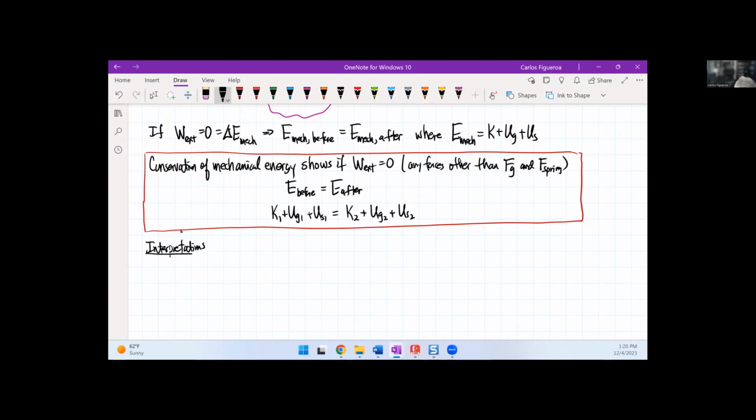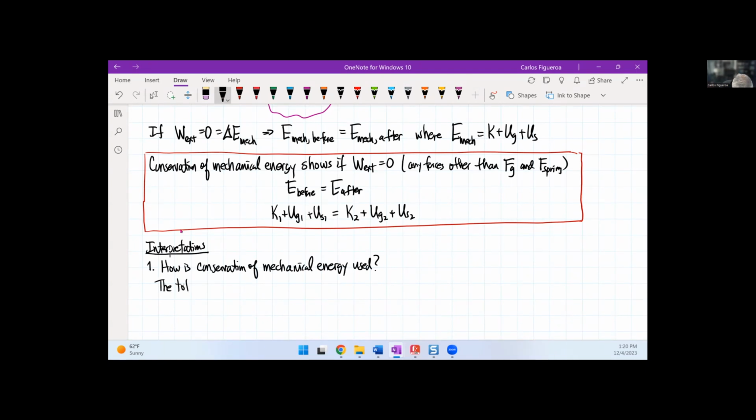So the first thing that I would say here is, how is conservation of mechanical energy used? Well, what we want to do here is that we typically are not interested in the total energy.